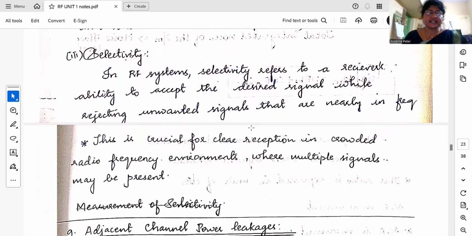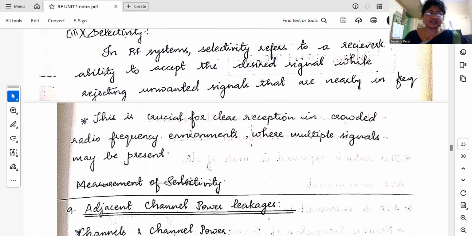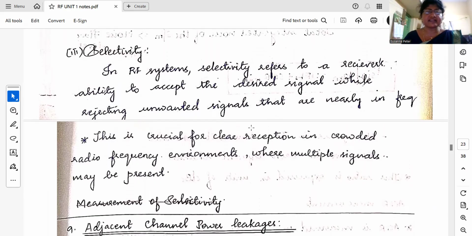In RF systems, selectivity refers to a receiver's ability to reject unwanted signals and accept the desired signals. You should be selective of what you want: accept the desired signal and reject the unwanted signals that are nearby in frequency. Why does selectivity matter? It is crucial for clear reception in crowded radio frequency environments where multiple signals may be present.